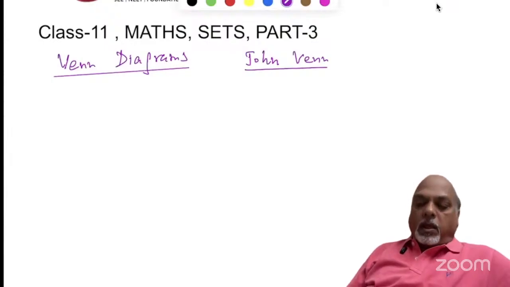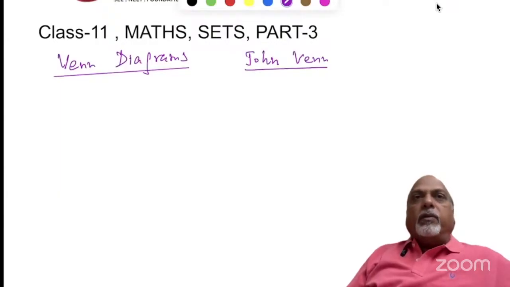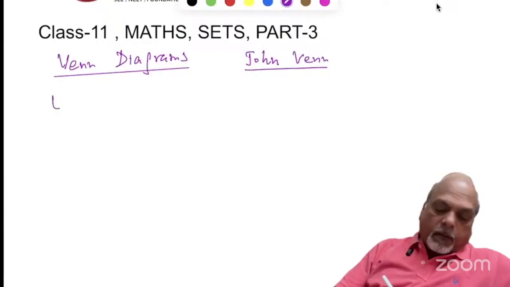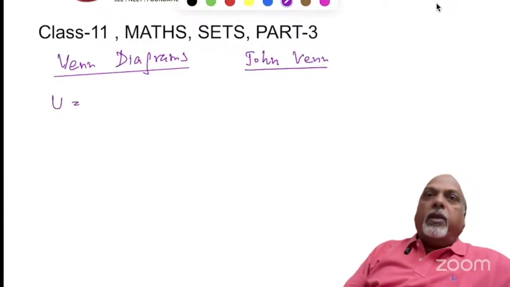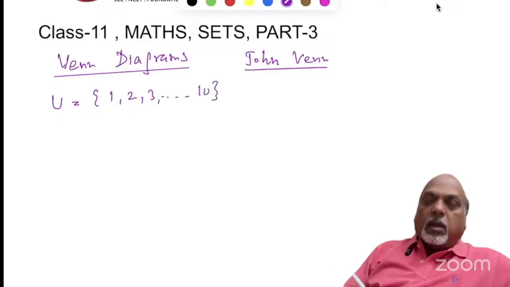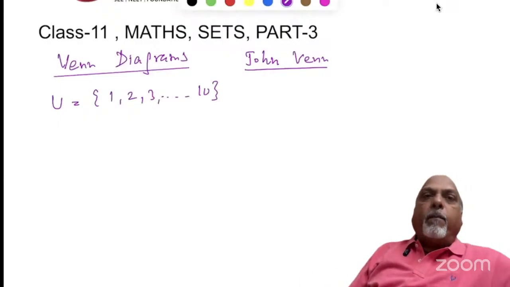Correct? Now let us see, suppose you have a universal set, that is 1, 2, 3, up to 10. This is the universal set.